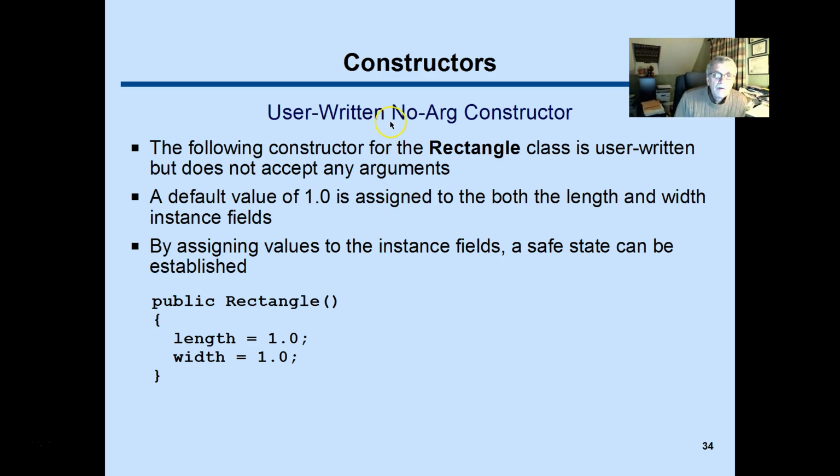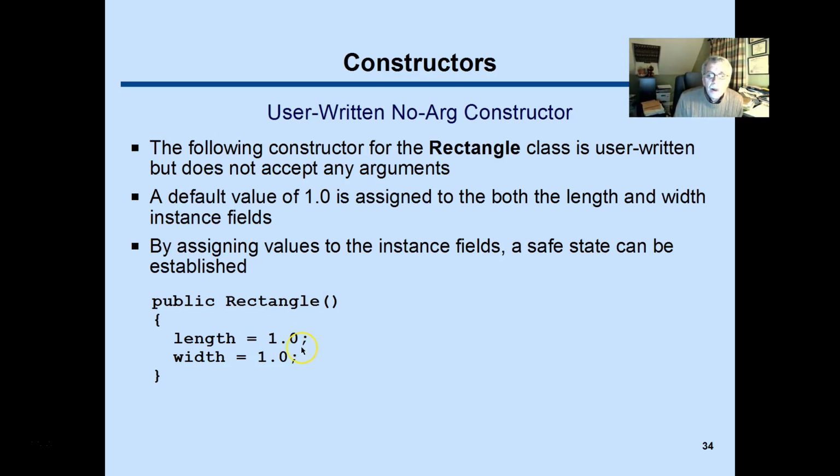Well, you can have a no-arg constructor that you write, and this is where the benefit is, we get a safe state. Remember, we had a constructor called rectangle, and we didn't pass it anything. That was the one that we got for free. And the one for free initialized length and width to 0. But here, the one that we're writing replaces the free one.